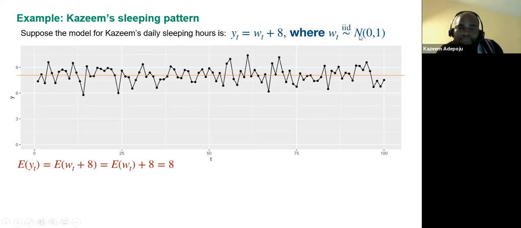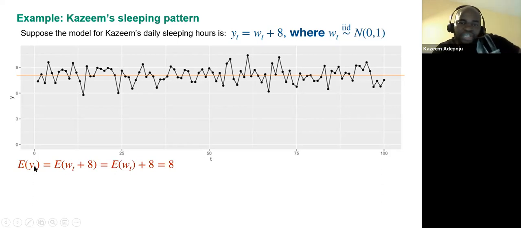Now I want to find the average of my model right now. Finding the average of my model, it's going to be 8, because the expected value of the white noise is 0. Look at that, it's under the assumption right here. Can you see that now? So it means the 8 that I'm getting here is on average.